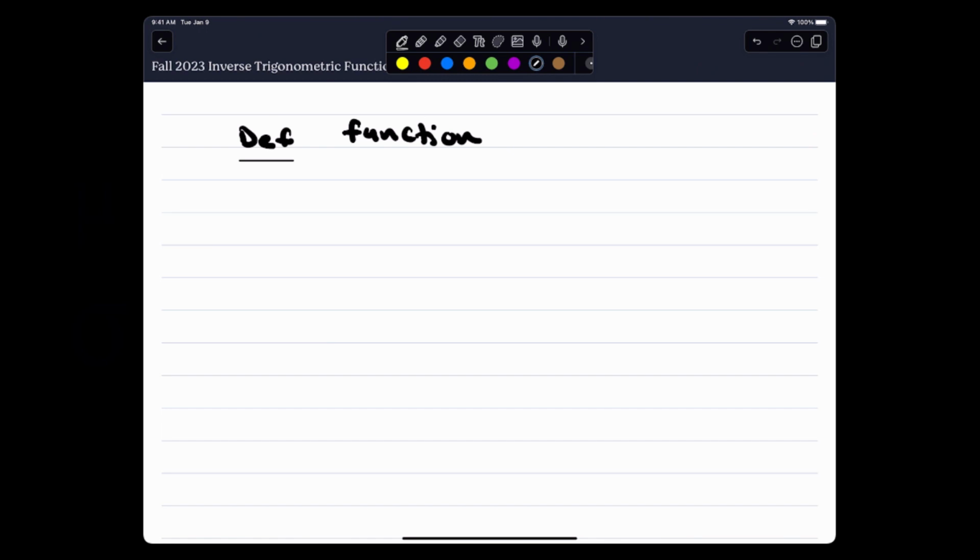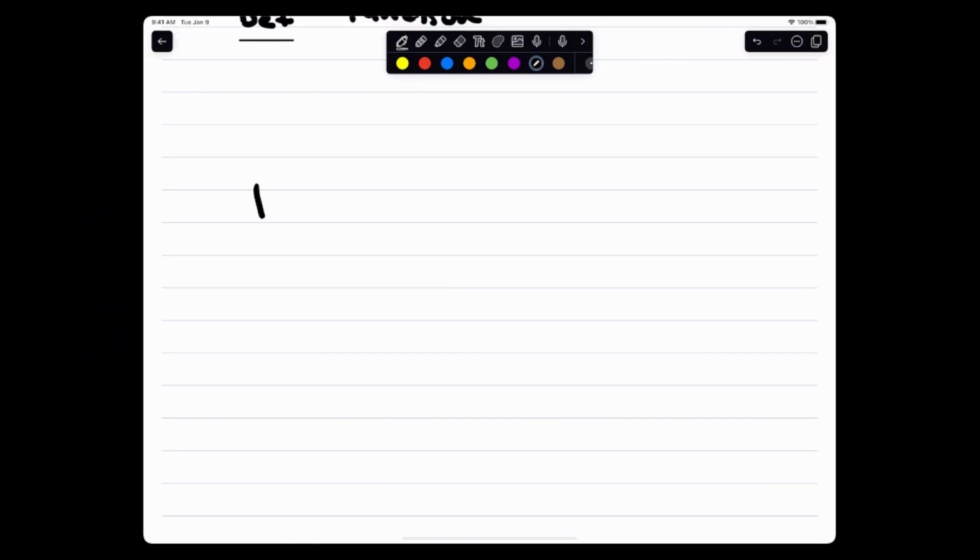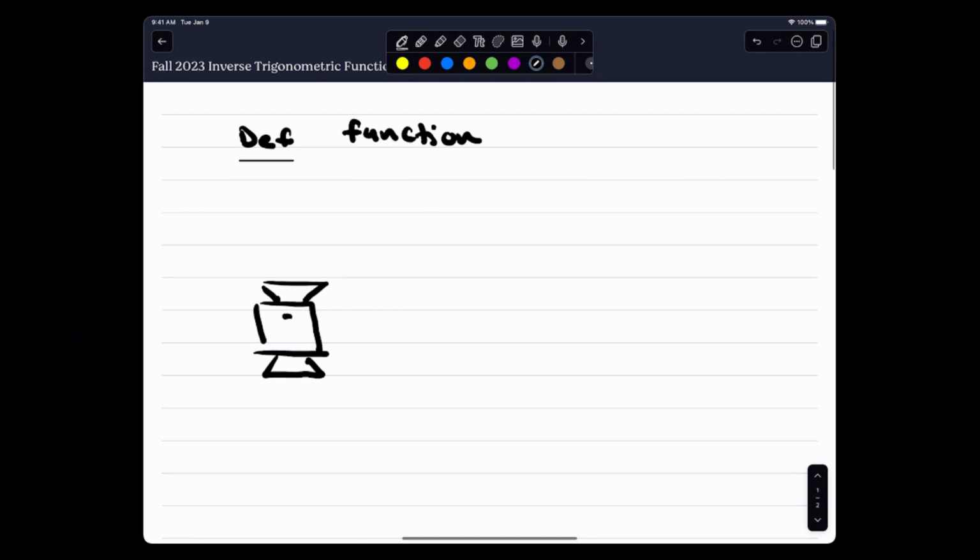Does anybody remember what a function is? What are functions? A function, ladies and gentlemen, I have the definition here, but I'm going to draw a picture for you guys, okay? This is in an intermediate algebra course. A script f represents function.